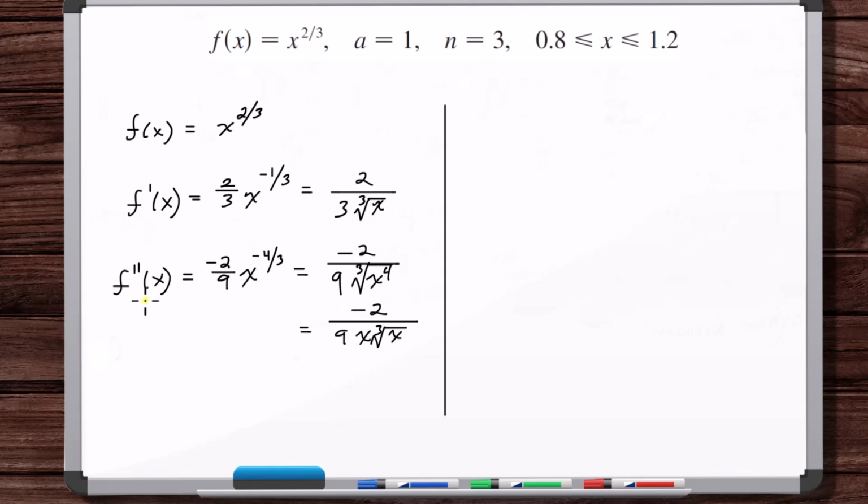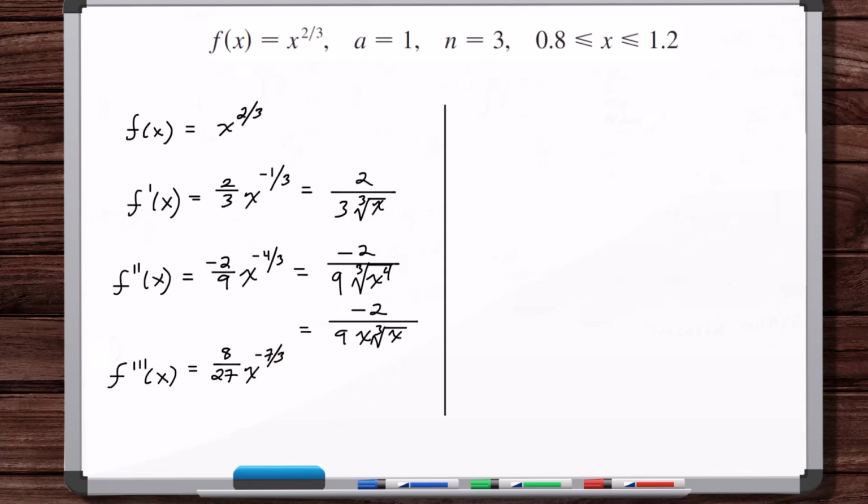Now, the second derivative is all we need, well, oh no, n is equal to 3 this time. So we need to go to the third derivative. We've got minus 4/3 times minus 2/9, which is 8/27. x to the minus 4/3 minus 1, minus 4/3 minus 3 over 3, is minus 7/3.